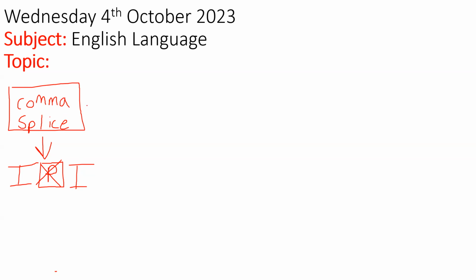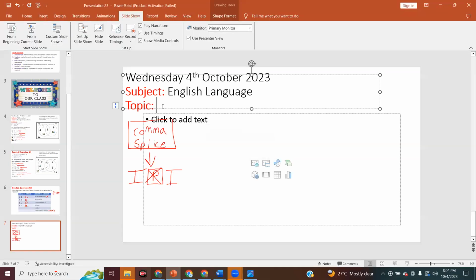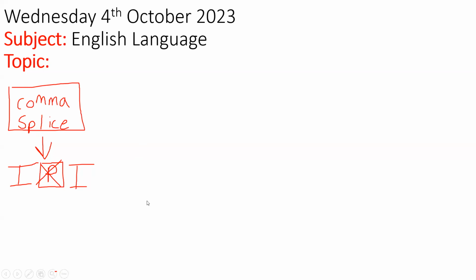Okay. Now, when we're looking at what we're going to call subordinating clause run on, that's what we're going to be talking about. The type we're going to talk about today is when you have a dependent clause along with another dependent clause, and then you have the wrong punctuation.